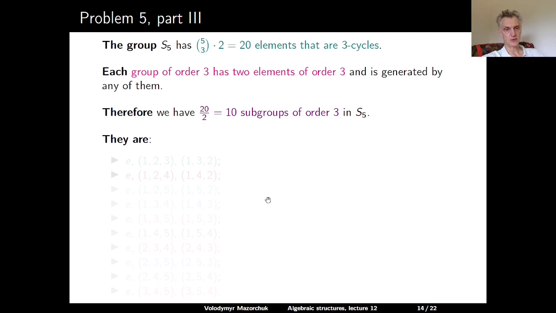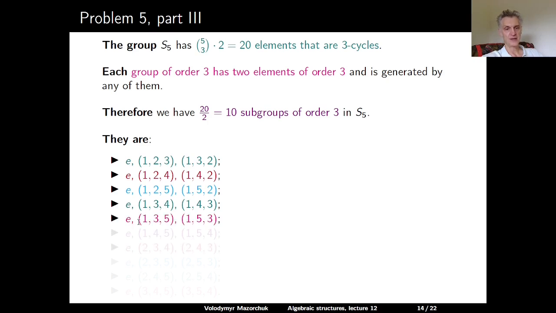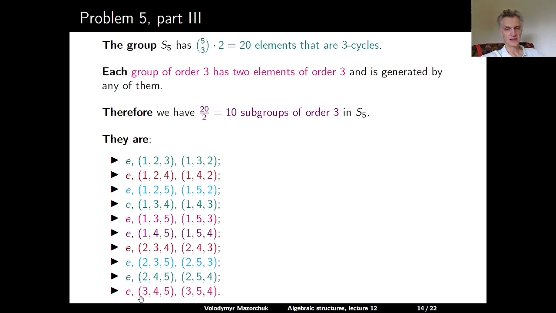So these are the following subgroups. We can take the identity and the 3-cycles on 1, 2, 3; the identity and the 3-cycles on 1, 2, 4; the identity and the 3-cycles on 1, 2, 5; the identity and the 3-cycles on 1, 3, 4; the identity and the 3-cycles on 1, 3, 5; the identity and the 3-cycles on 1, 4, 5; the identity and the 3-cycles on 2, 3, 4; the identity and the 3-cycles on 2, 3, 5; the identity and the 3-cycles on 2, 4, 5; and finally the identity and the 3-cycles on 3, 4, 5.